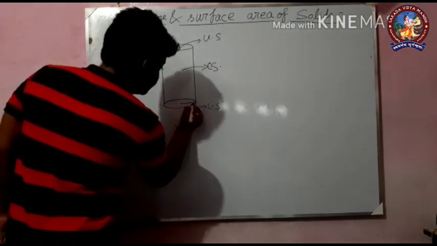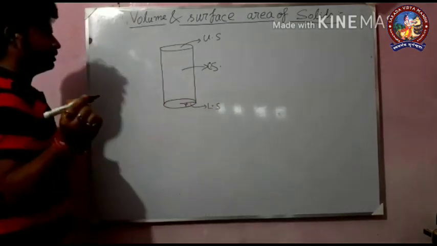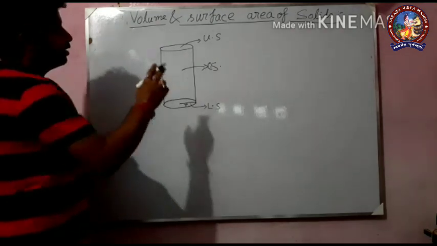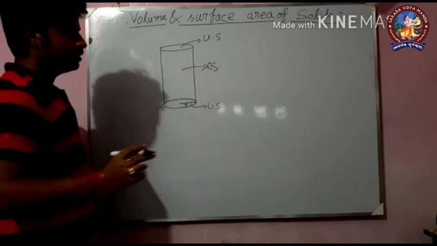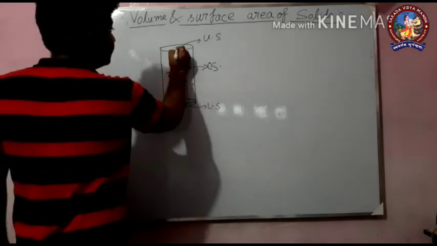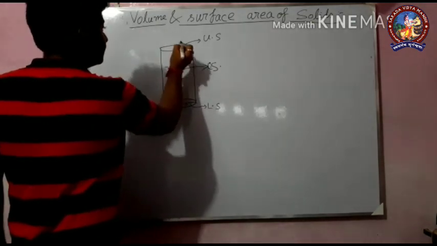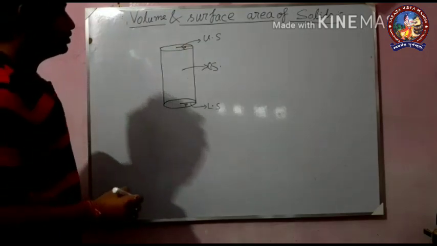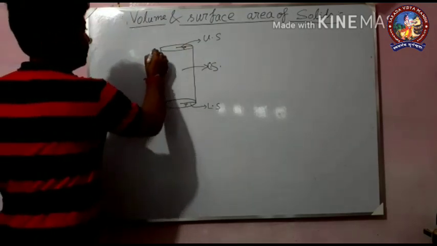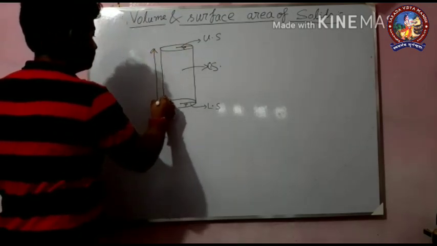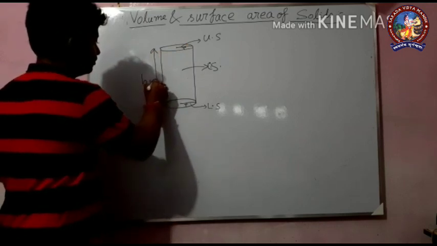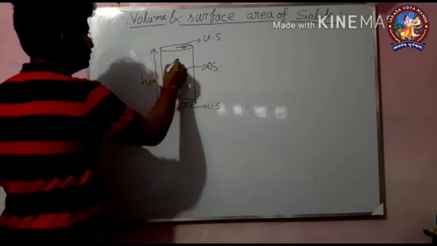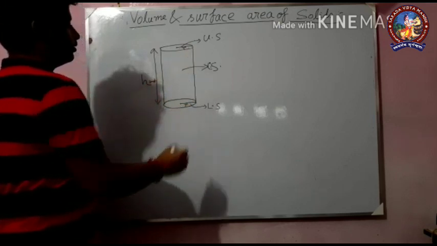Suppose R is the radius, and I just said that the upper surface and lower surface are similar, so they will have the same radius. Suppose the radius is R and the height of the cylinder is H unit.